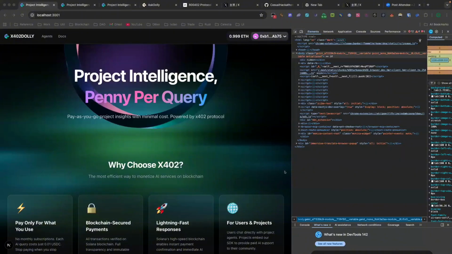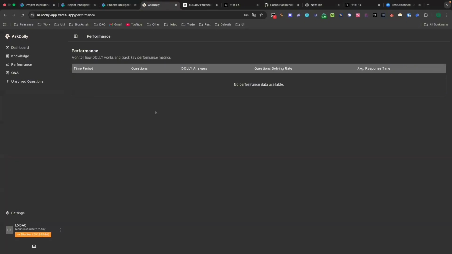Hello everyone. I'm Hardman, and I'm building X402 Dolly. This is an extension for our main product, Ask Dolly. Let me introduce our main product. In simple words, it's an AI moderator in your community.